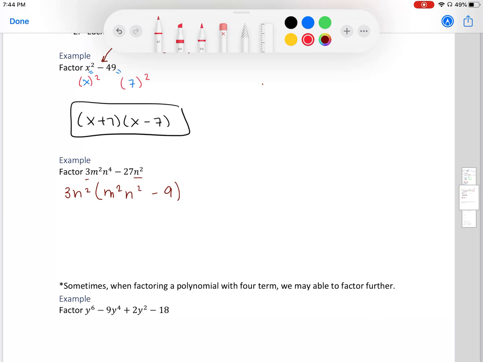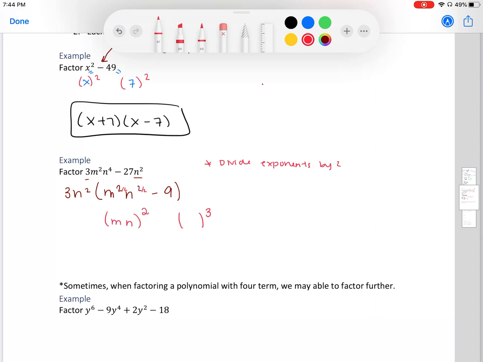I know this one's kind of weird, especially with those variables. A trick is to divide your exponents by 2. So 2 divided by 2 is 1, and 2 divided by 2 is 1. So we have m and n to the first power squared.